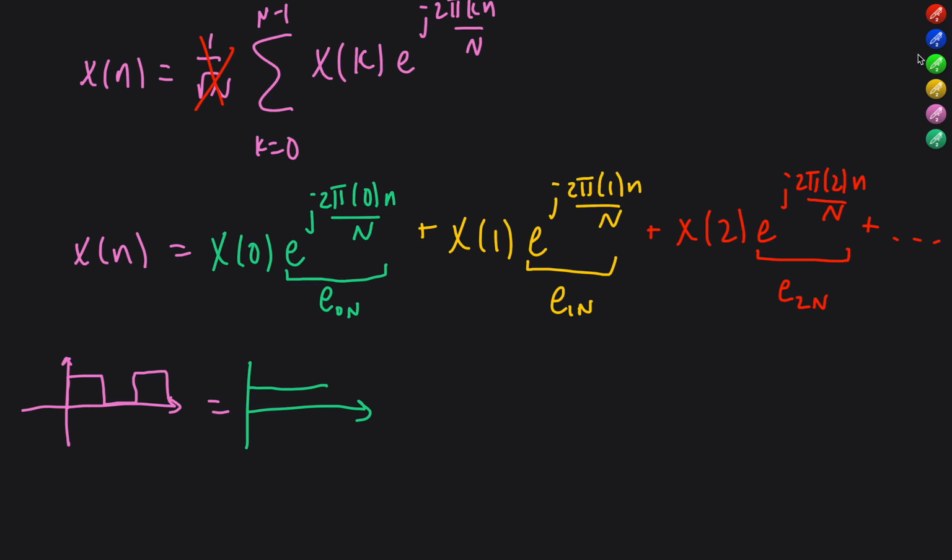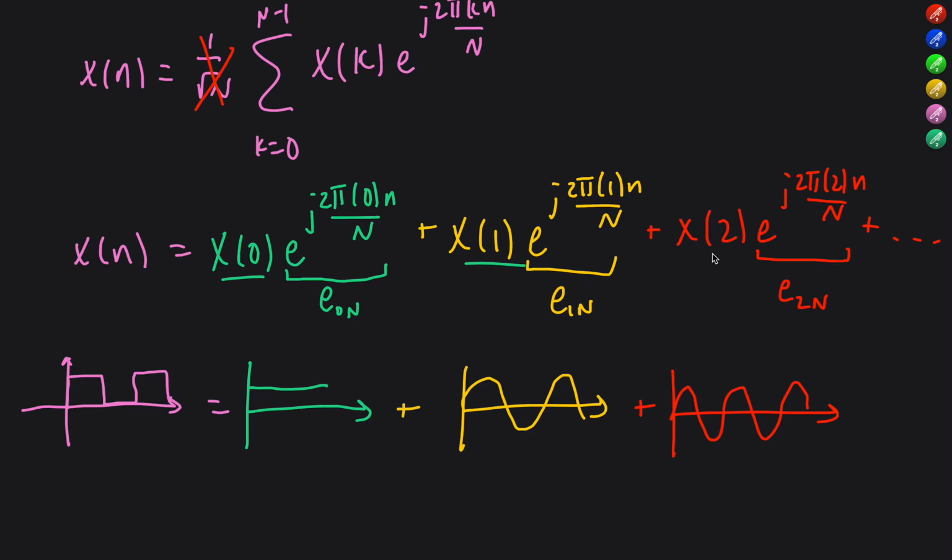Plus frequency 1, which looks maybe like this. Plus this frequency 2, which is a little bit faster. But as long as I take each of these frequencies, scale them by the proper value, and then add them together, I can make up my original signal.